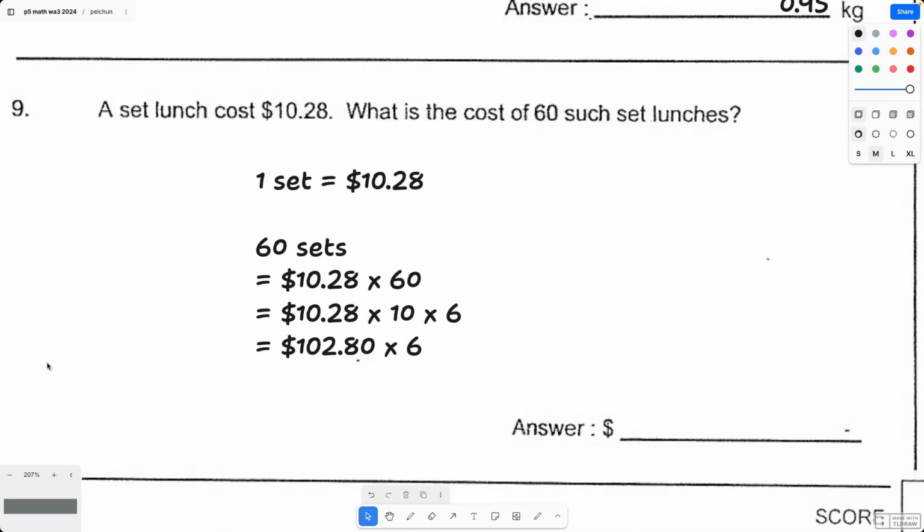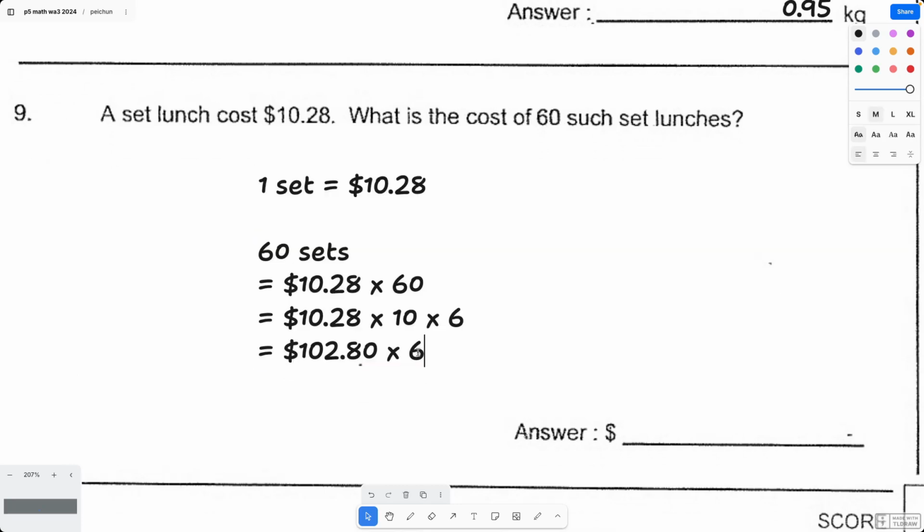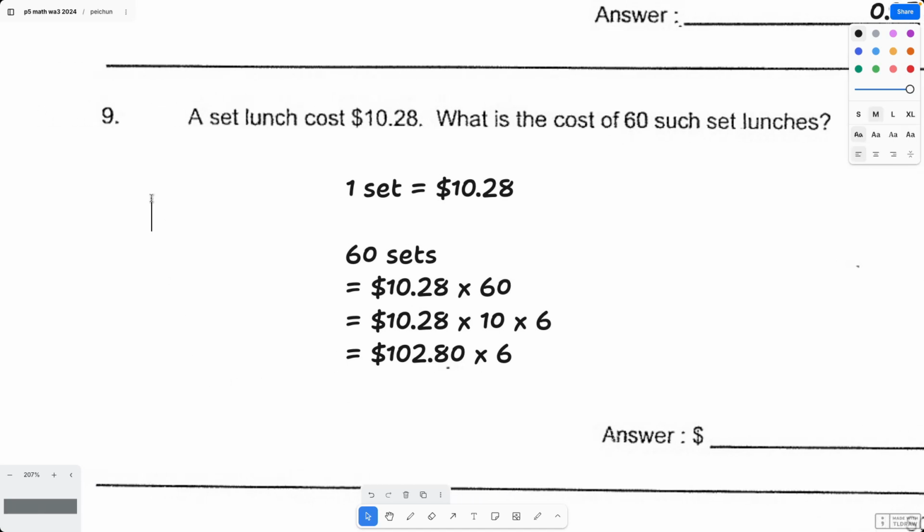Now we can just multiply this. So 102.8, and then we multiply by 6, something like this. Let me just remove these dots, and let's do these workings over here.